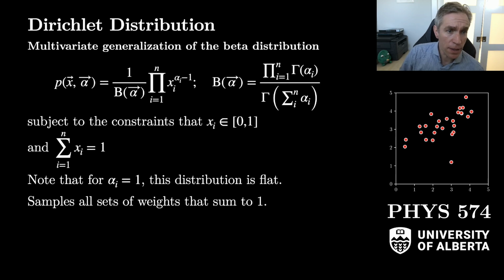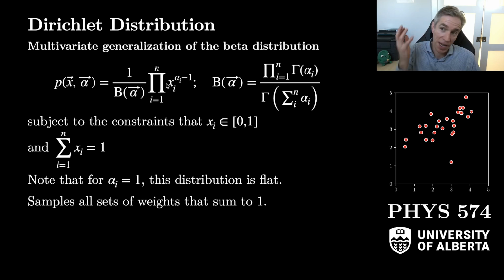A Dirichlet distribution is formally a multivariate generalization of the beta distribution, which we introduced about 4 lectures ago. Formally, it has a normalization factor, and it's a product of the values x raised to the alpha minus 1.